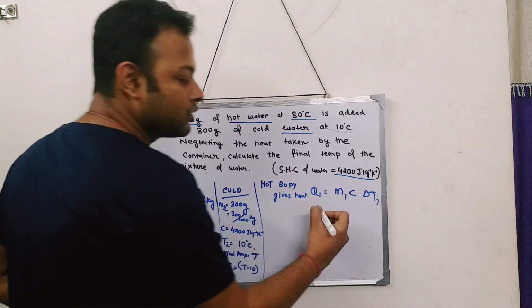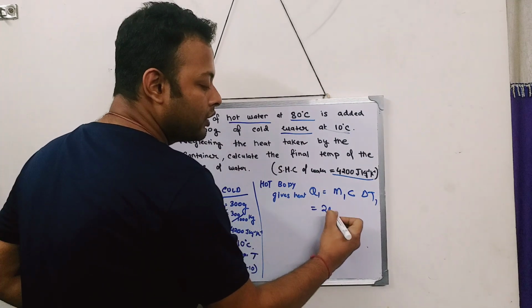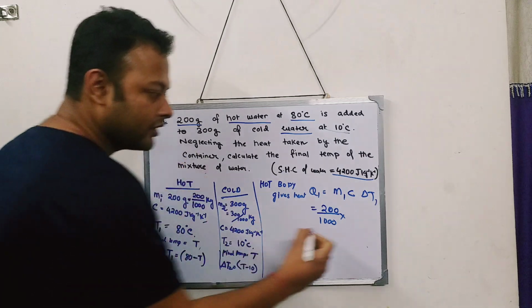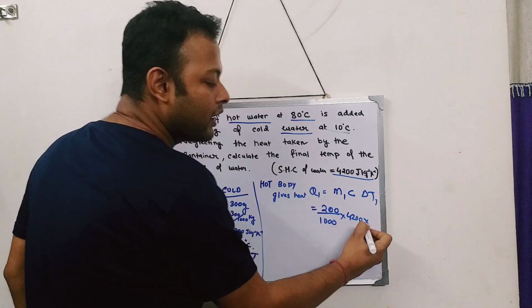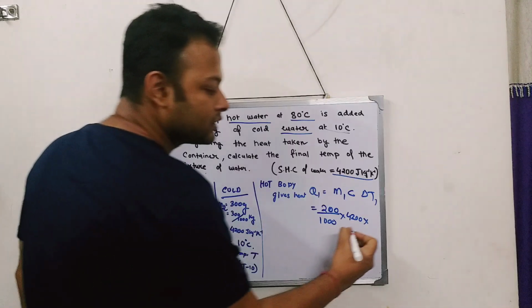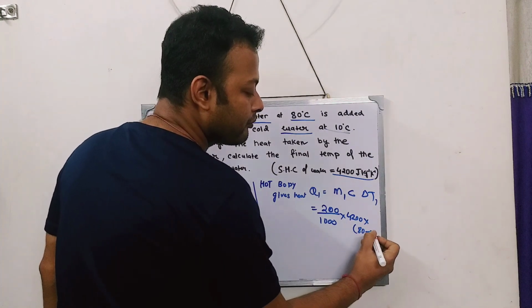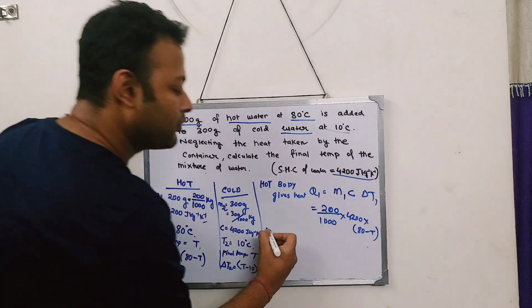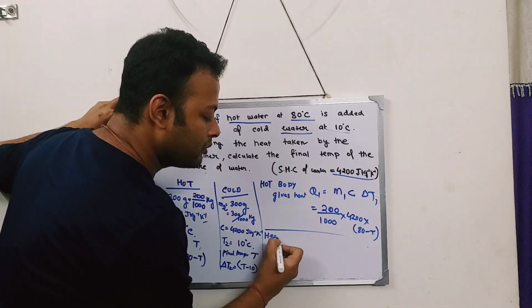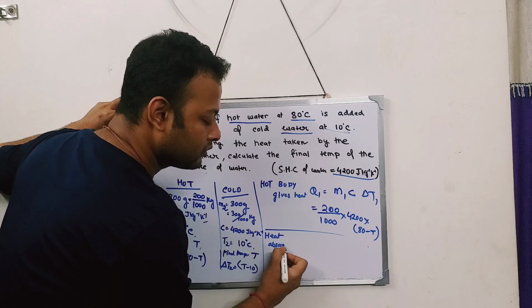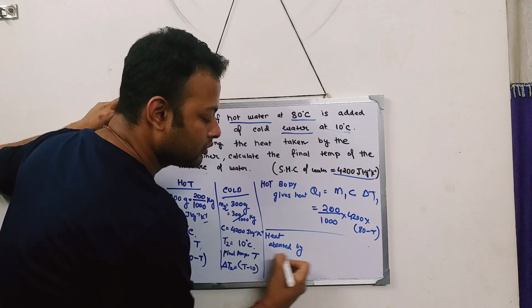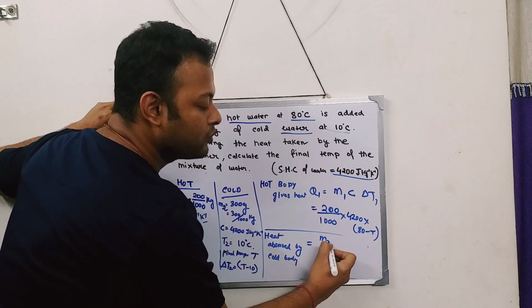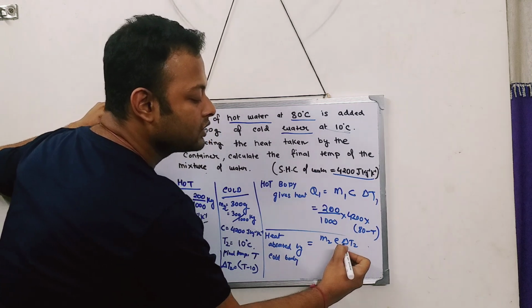And if I put the values, how much does it come to? 200 by 1000, C value is 4200 and delta T value is 80 minus T. Now for the cold body, heat absorbed by the cold body is equal to M2C delta T2. This is the formula.